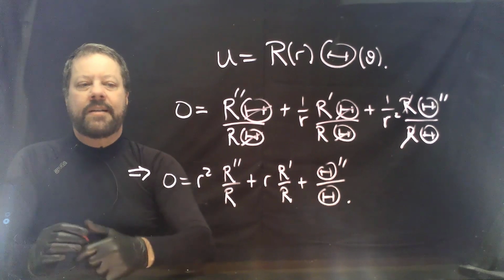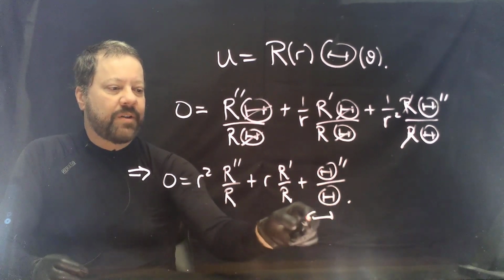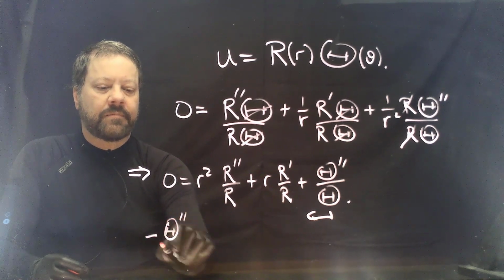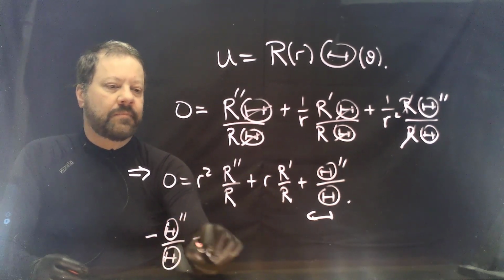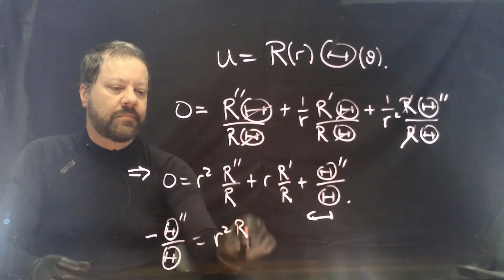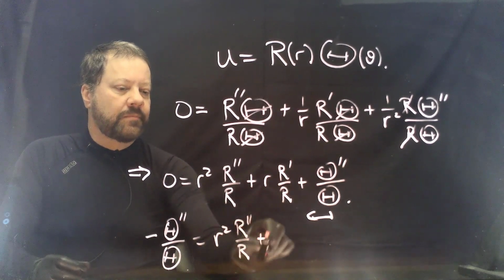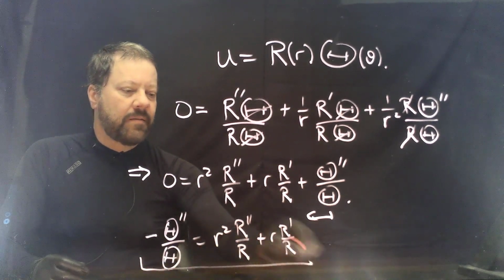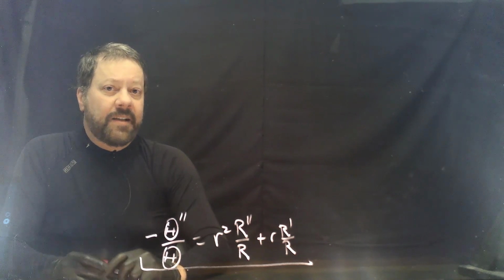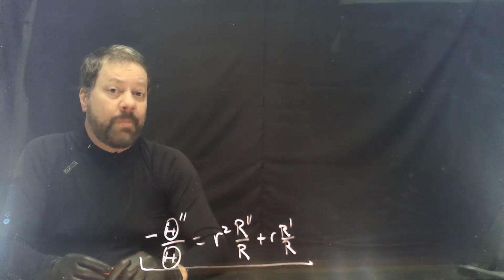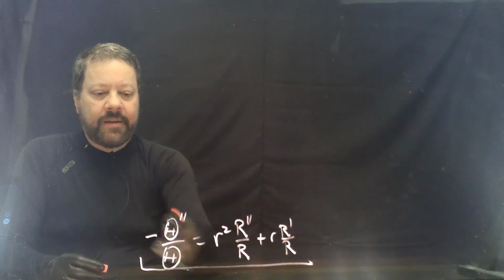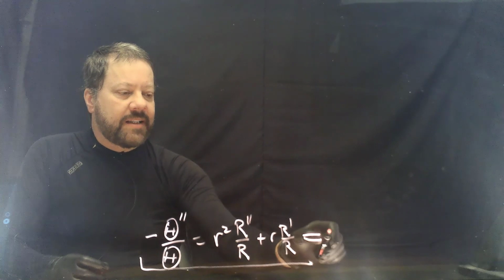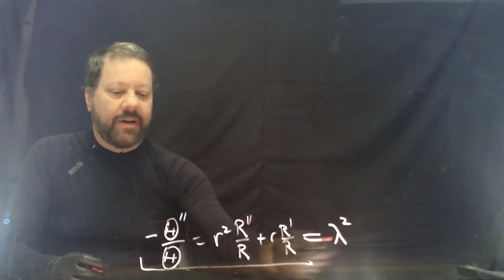And this allows us then to separate variables by moving one term to the other side. Keeping in mind that our solution has to be 2 pi periodic at the boundary, this must be a function which is 2 pi periodic. We'll set this equal then to some lambda squared.